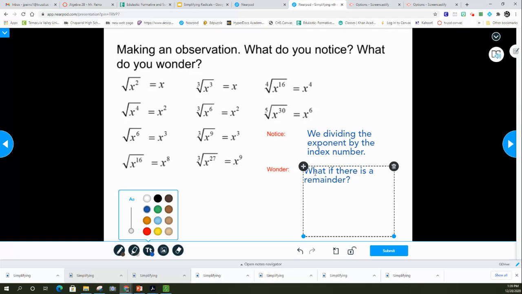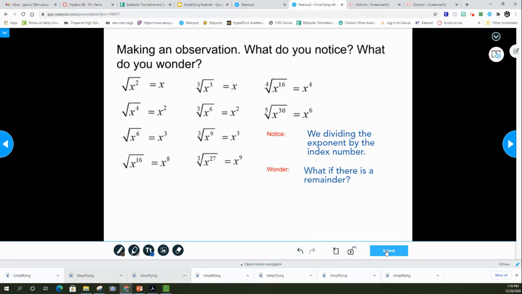That's something that we need to take into account because I didn't do anything like the cube root of x to the 25th, because 3 doesn't go into 25 evenly. All these I made sure were even so we could see that pattern that we're just dividing. All right, so we're obviously going to have to address this still because it's not always going to be perfectly even.